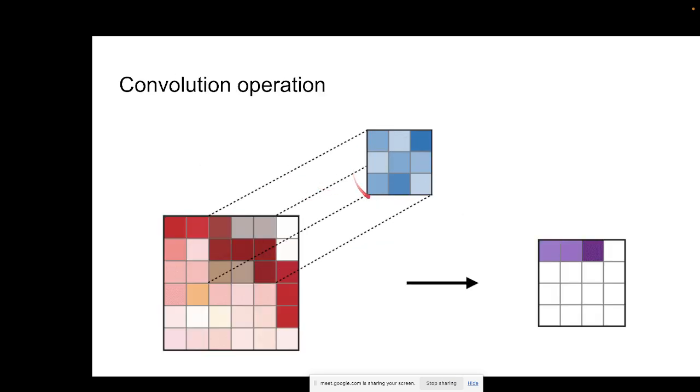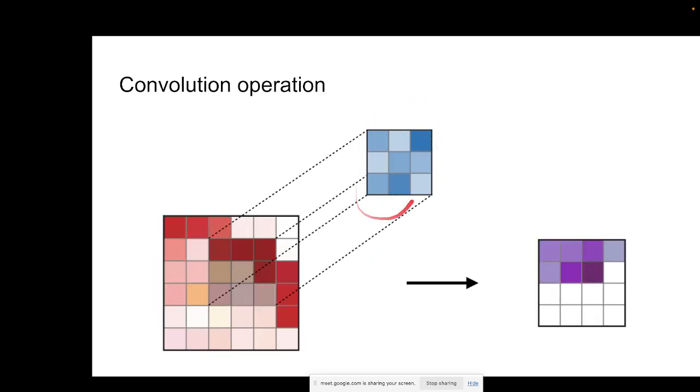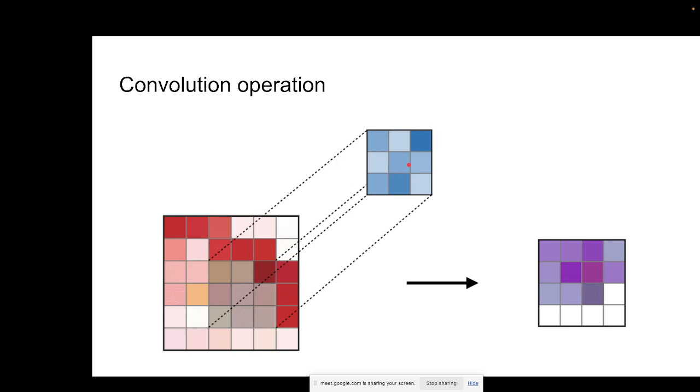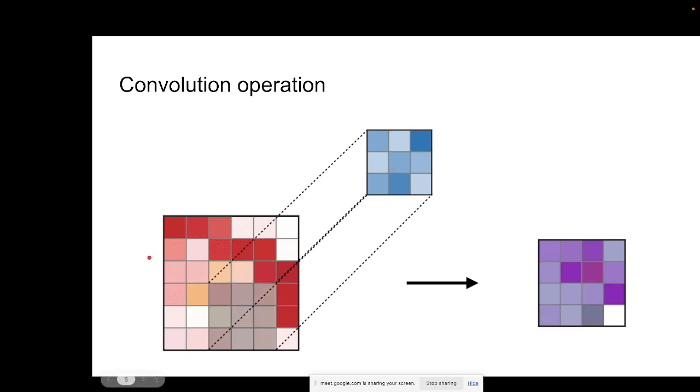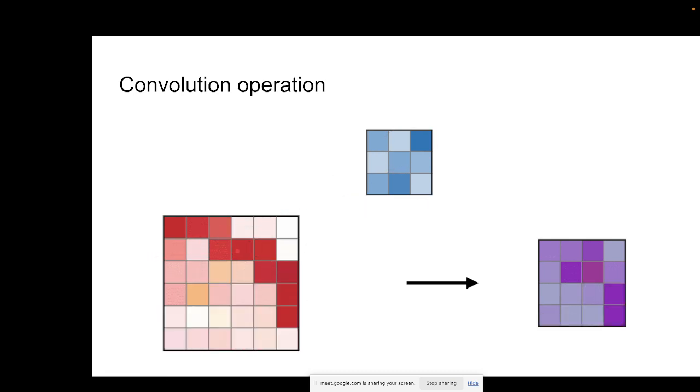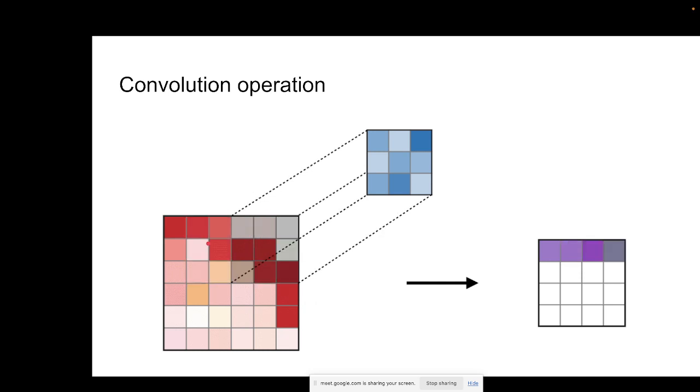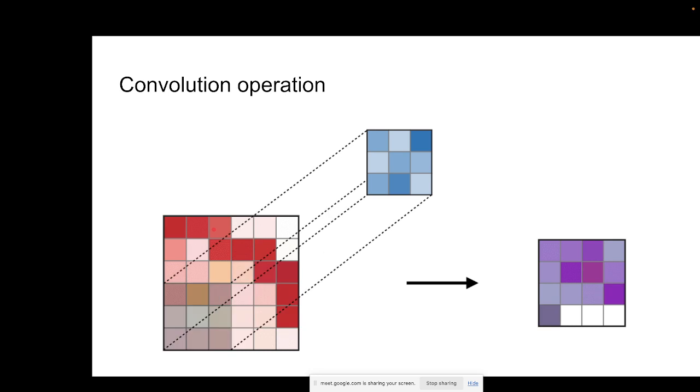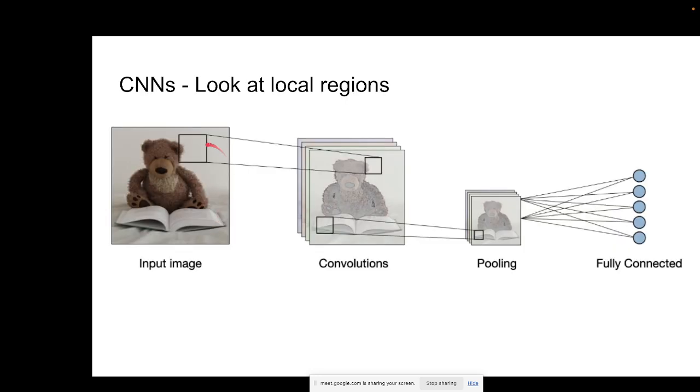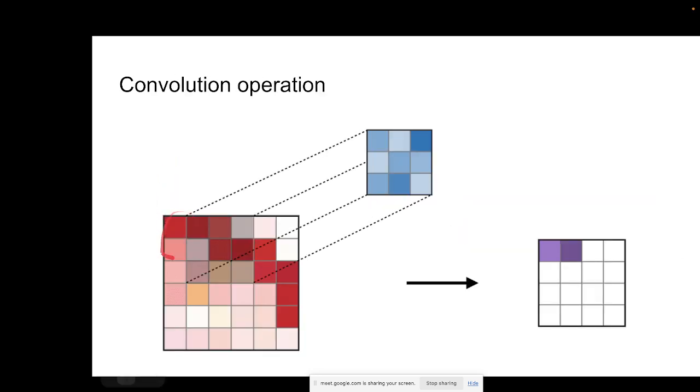So you have this small matrix like 3 cross 3. Suppose my image is a lot simpler than what we saw last time, it's a 6 cross 6 image, and the local patch size that we have here is 3 cross 3.